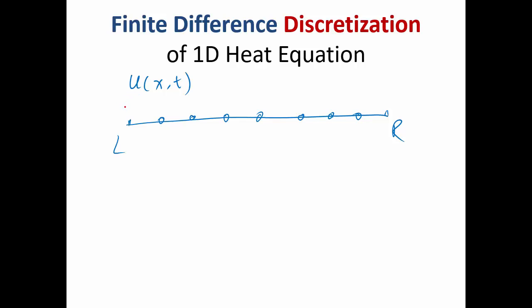Suppose my solution at a particular time looks like this. A finite difference discretization only stores the solution at these grid points.